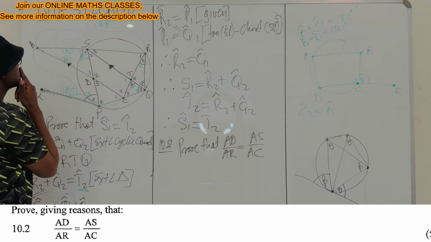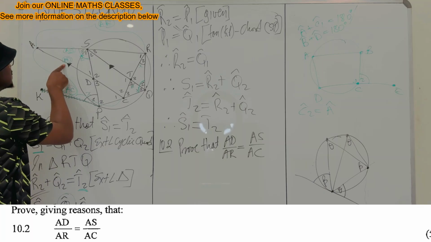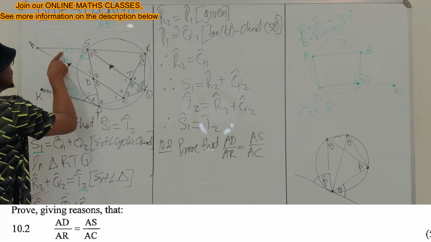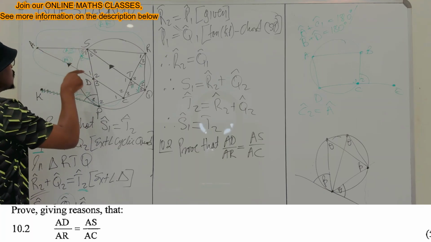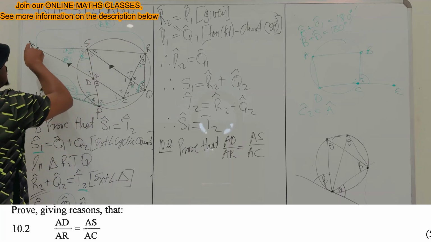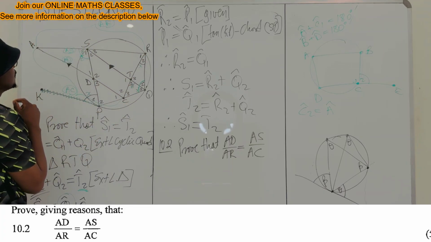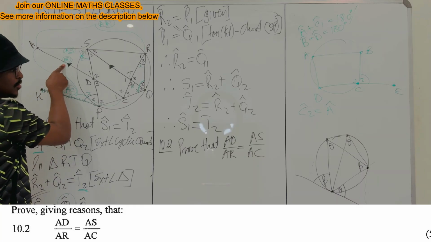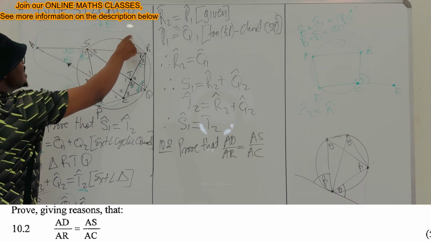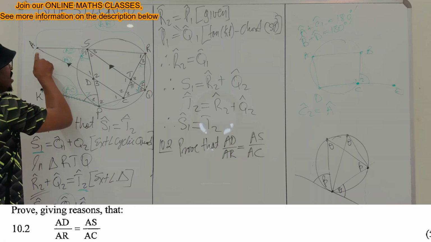Your AD and your AS belong to the small triangle, and your AR and your AC belong to the big triangle. So what they did, they said your AD divided by the entire length of that side, and AS divided by the length of this side.